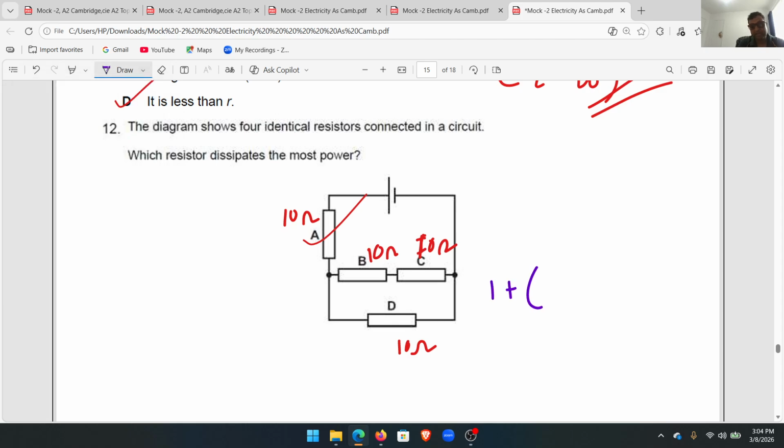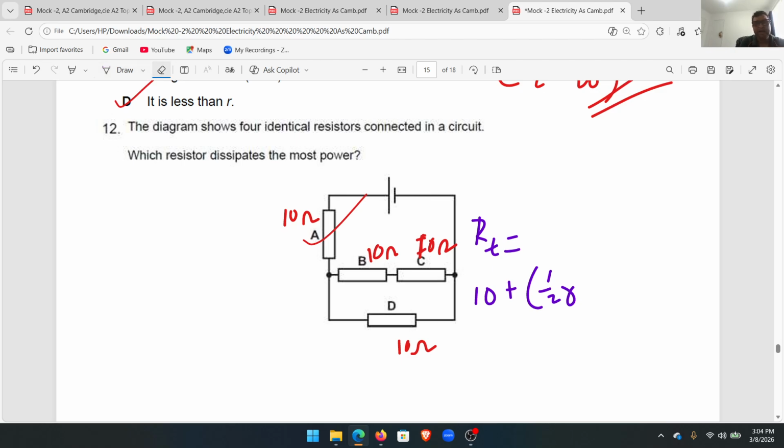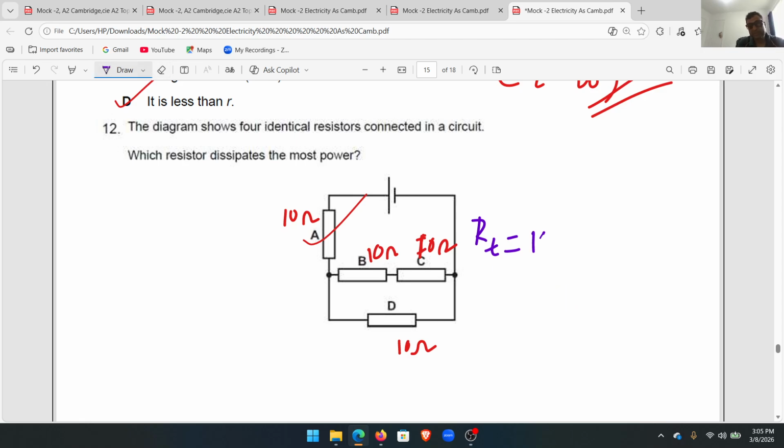So RT, R total, equals 10 plus 1 by 20 plus 1 by 10, power minus 1.